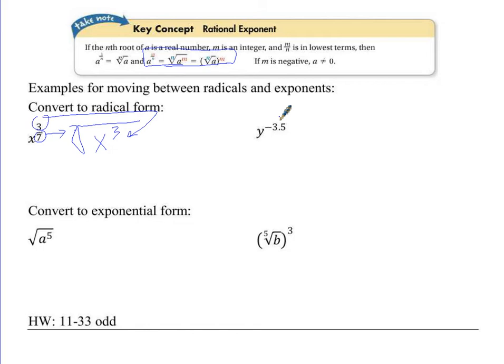It goes in the denominator. So this becomes 1 over y to the positive 3.5. Now, 3.5 doesn't do me any good. I need to turn that into a fraction. What is 3.5 as a fraction? Yeah, it's 7/2. So now we have 1 over y to the 7/2.